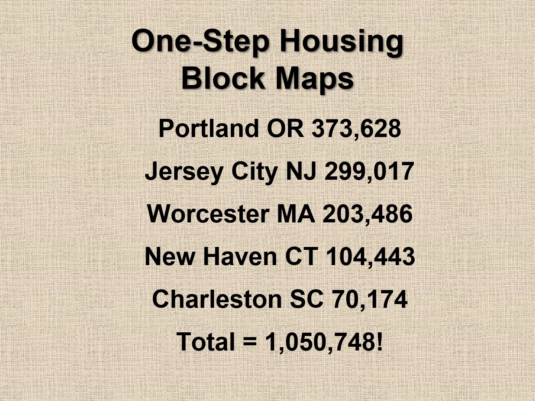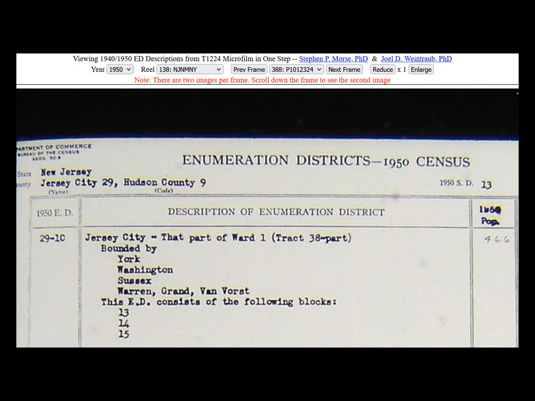I'm going to show you first Jersey City and how I did it. So here's Jersey City. It looks a little bit differently, 2910, because it has the block numbers on the bottom. So remember, you have York on the north, Washington on the east, Sussex on the south, and Warren, Grand, and Van Vorst on the west.